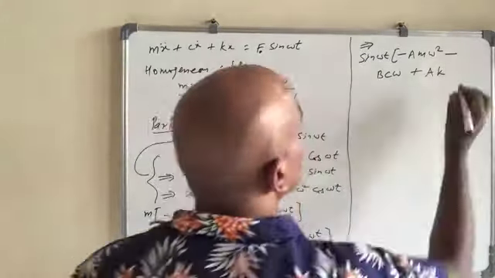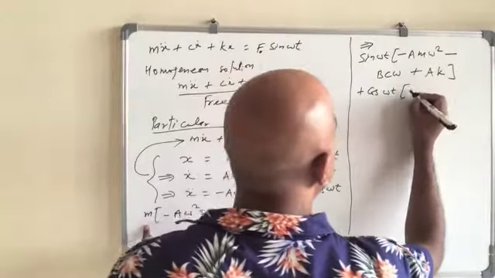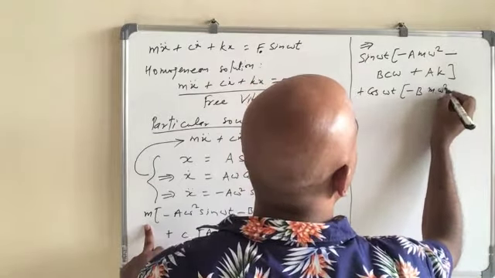Okay, and then for cos omega t, the coefficients are minus B m omega square.